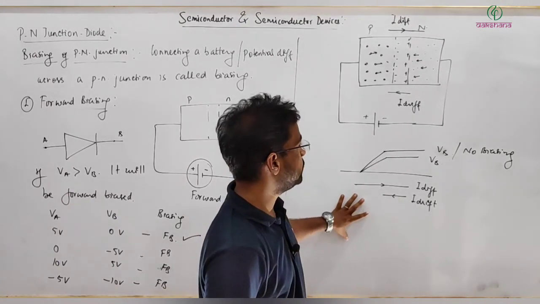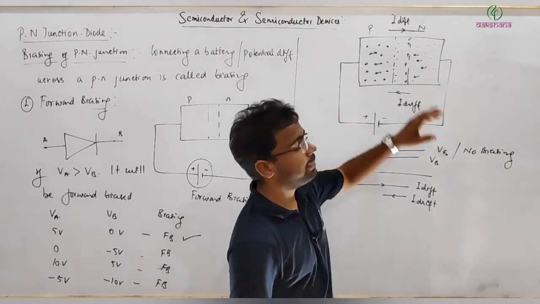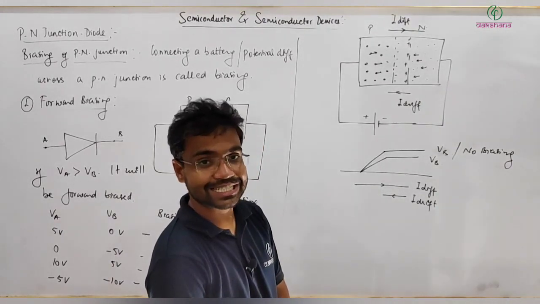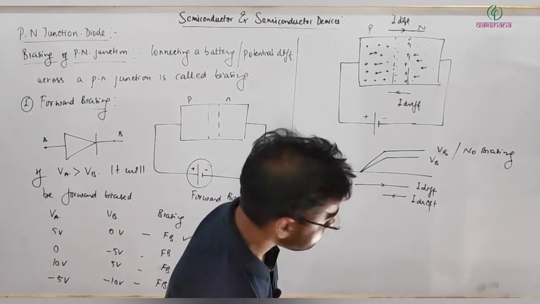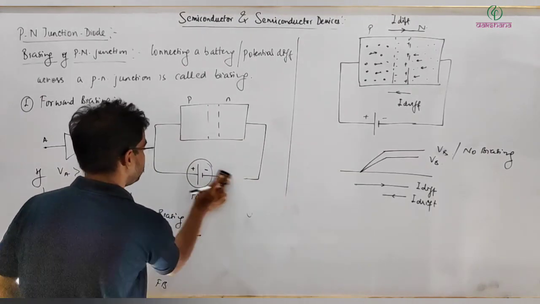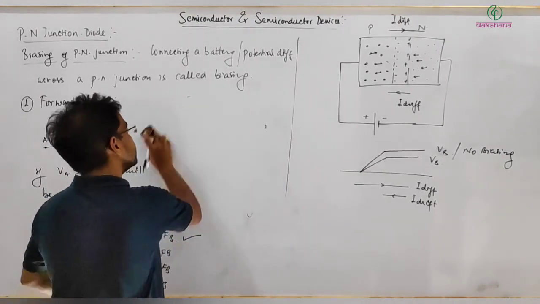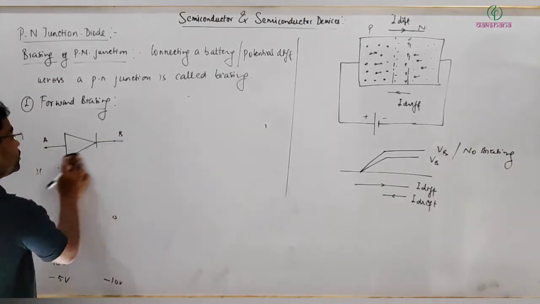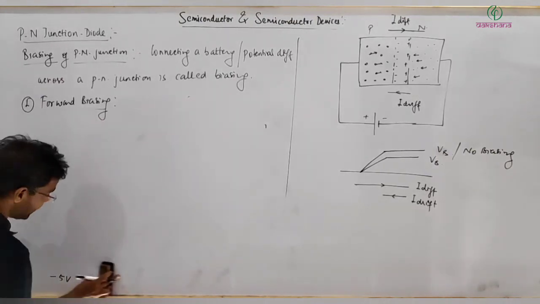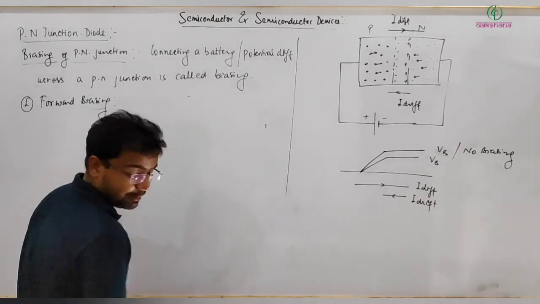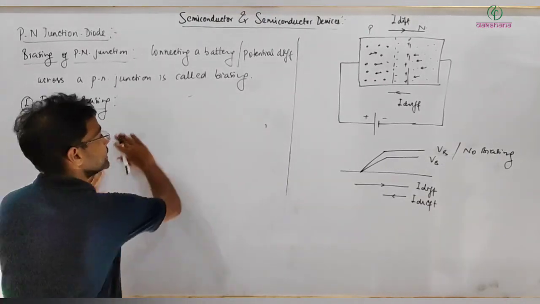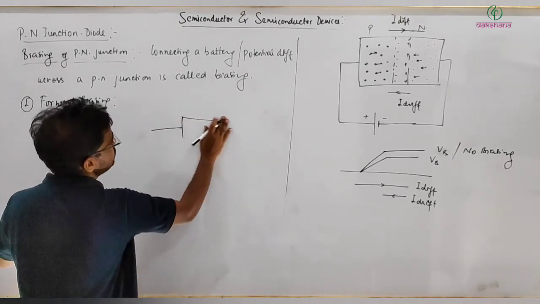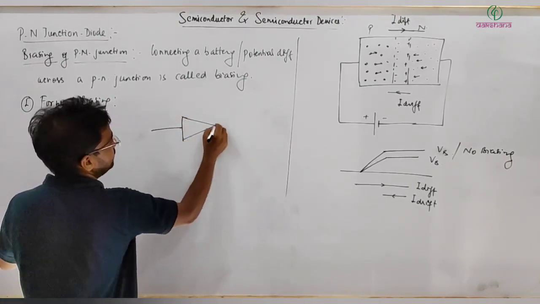So you can see that current will flow in the circuit through the PN junction, understanding. And this can all be done experimentally by connecting in this manner. So I hope you understood the meaning of forward biasing and the different possibilities for a PN junction to be forward biased. Let's consider a circuit diagram for it.